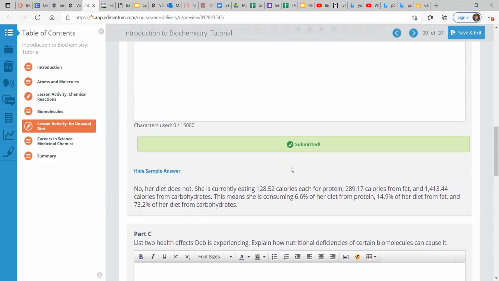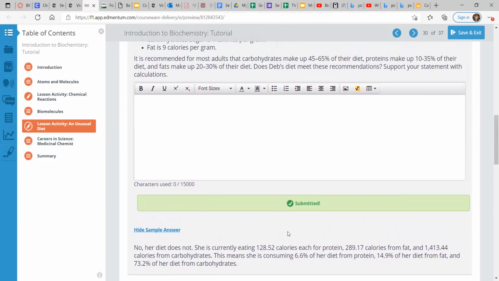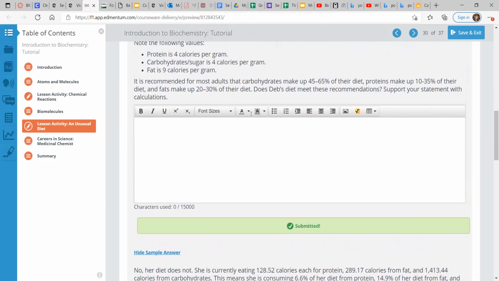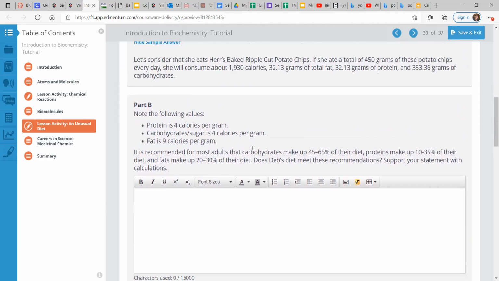if you break down the calories for each nutrient, so we have 1930 calories total. You have 32 grams of fat, and there are 9 calories for each gram.